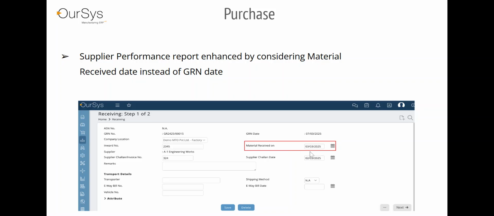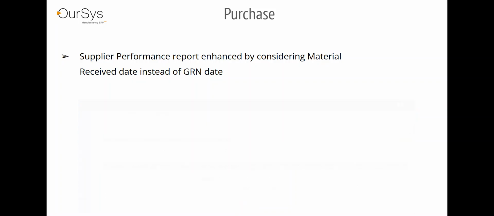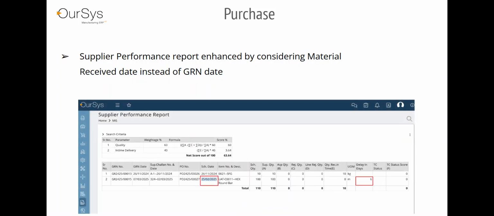So here you can update the date on which the actual material has arrived at your factory premises. Now, when you go to the supplier performance report, the system will check the actual material received date against your schedule date, making your in-time delivery performance more accurate.